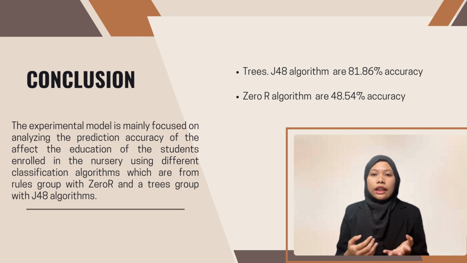The J48 algorithm proved to be a better prediction model when compared with other models, with 81.86% accuracy on correctly classified data compared to rule 0R with 48.54% accuracy. This analysis will help to understand the effect on the education of the students enrolled in the nursery.